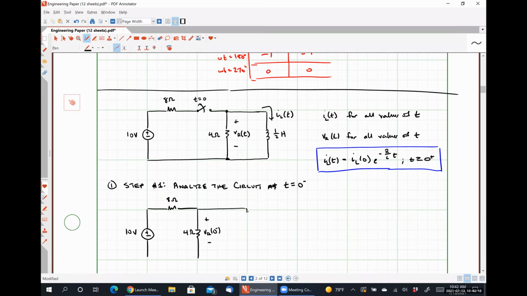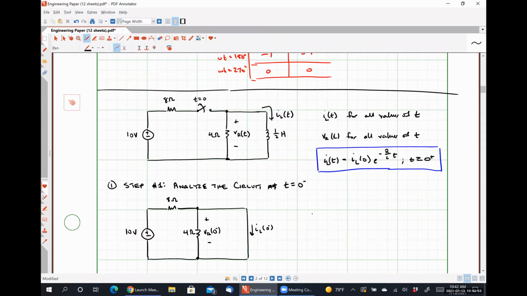And then I have my inductor, which, because we are at DC steady state before our switch is opened up, we're going to replace with its DC equivalent, which is a short circuit. Okay, right? We know that if the current flowing through the inductor doesn't change, then the voltage drop across the inductor has to be 0, which is exactly described by a short circuit.